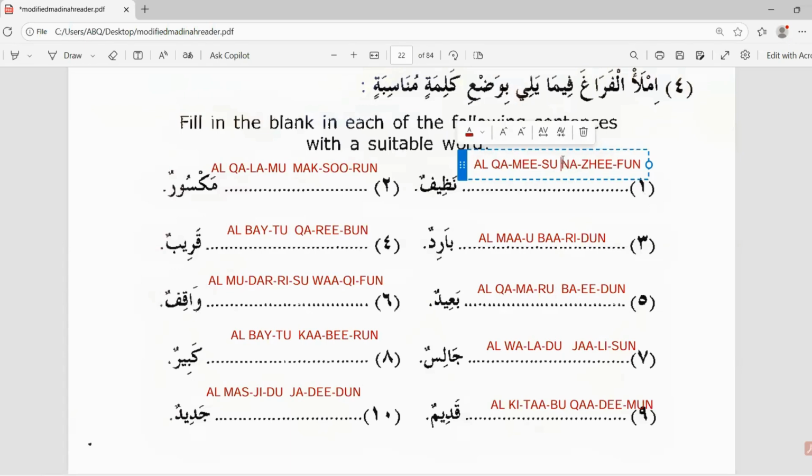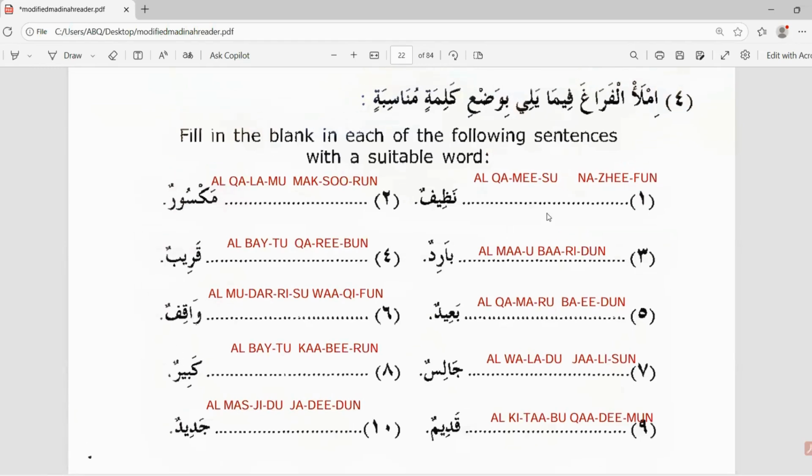Something which can be nadifun, if you remember from the picture, there was a shirt on the washing line, so we'll use al-qamisu nadifun. The shirt is clean. Al-qamisu is the shirt.